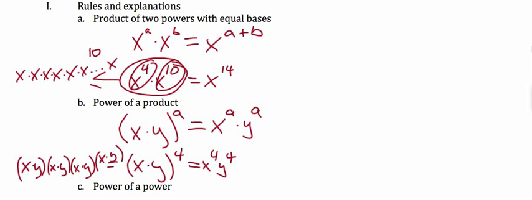And to reorder our multiplication, we could rewrite it as x times y. And now we've got x to the fourth, y to the fourth. Okay, so all of these rules are just little shortcut ways of showing us what we could probably have figured out completely on our own.